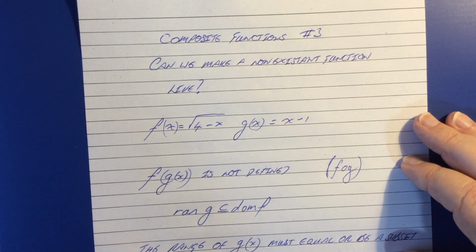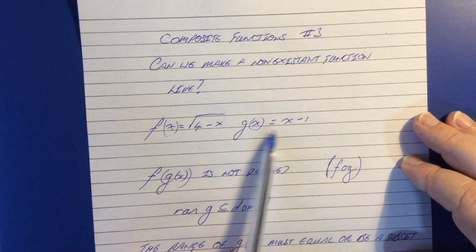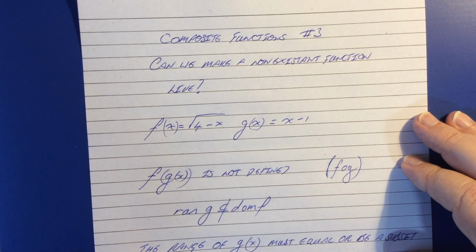It's not defined because this is our rule. The range of g must be a subset or equal to the domain of f. This is basically all real numbers, domain and range. This is not. So that's the news. The range of g is not a subset or equal to the domain of f in this case.